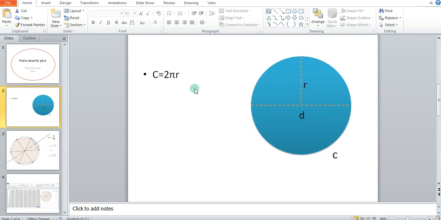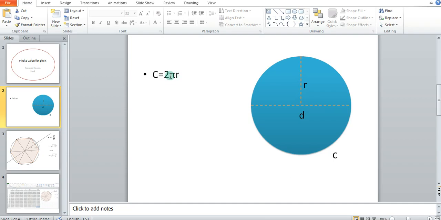So if we need to find the circumference of a circle, this is the formula: 2 pi r. So we know the value for pi.